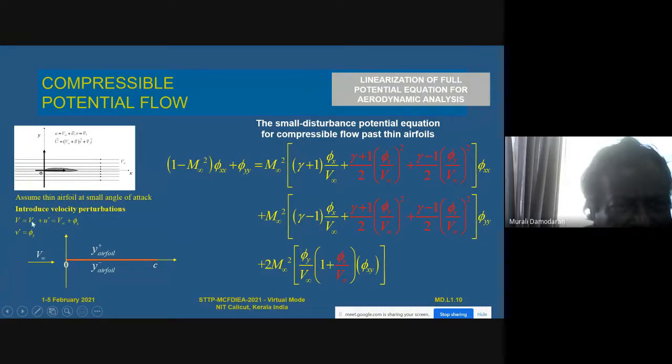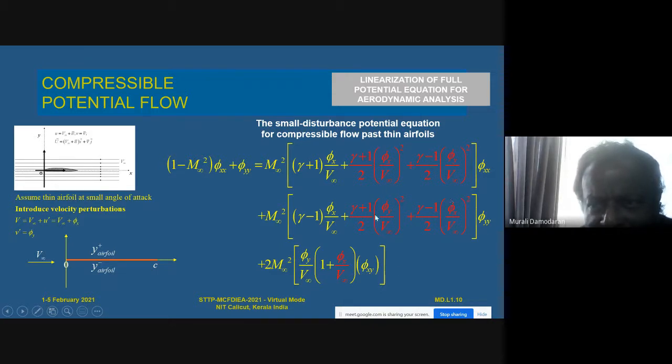This is the free stream velocity plus some small disturbance, and this disturbance will vanish as I go far away. So I can write this in terms of a small disturbance velocity potential. I take all this and put it inside my potential equation, and I work out everything, and I will get an equation like this. Up to this stage, everything is fine.